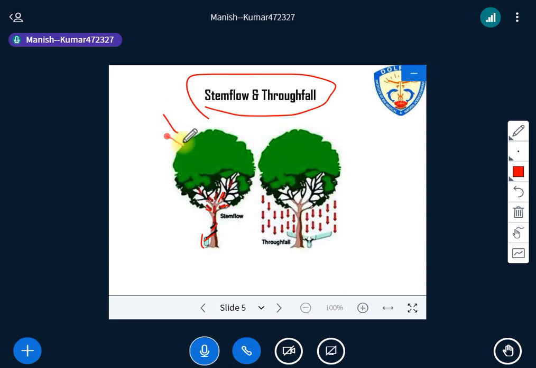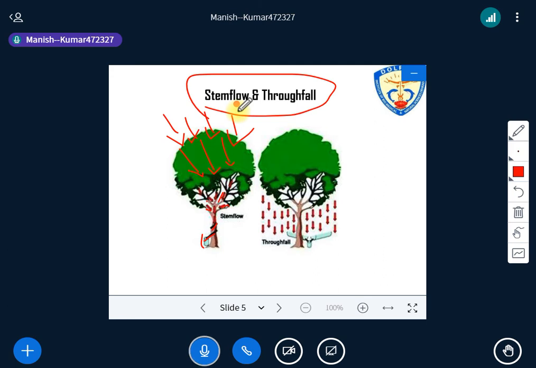When precipitation happens and there is certain space between the leaves, the precipitation enters this particular path and then flows down. When it flows down using the stem or branches, that is called stemflow.